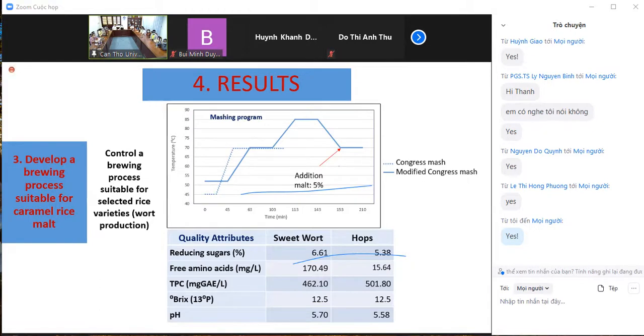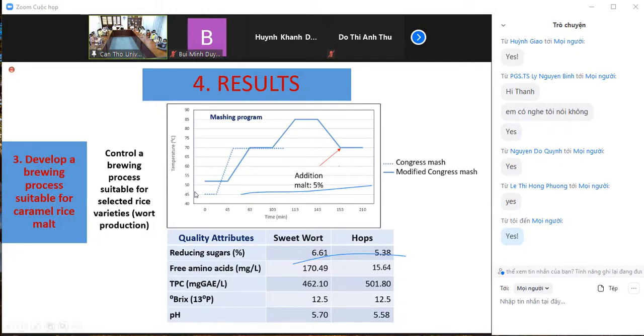In the future we can see there are many differences in the mashing program. This is the mashing program in my study, which takes a long time to completely mash the rye malt.